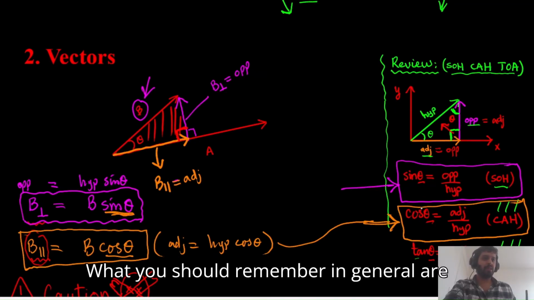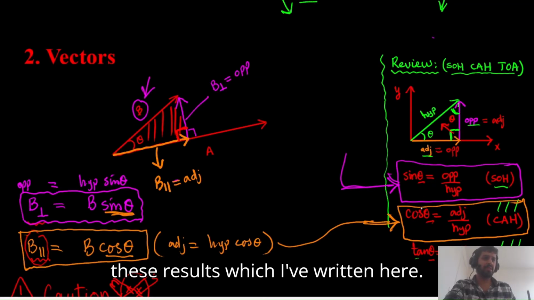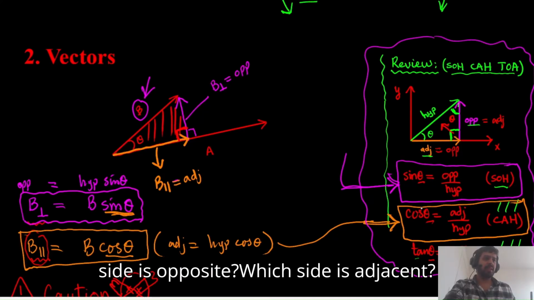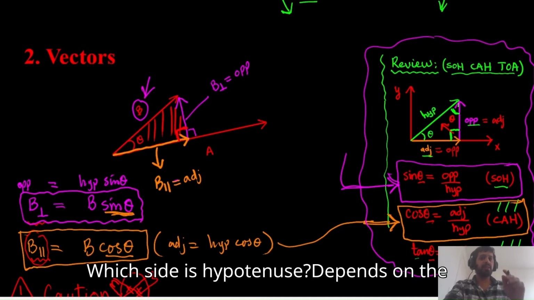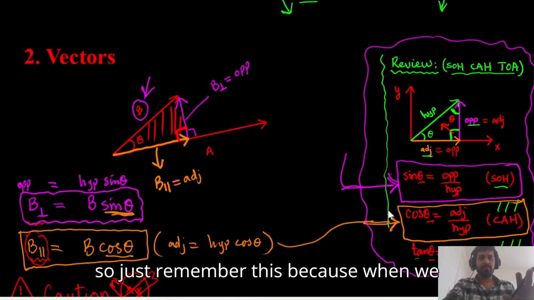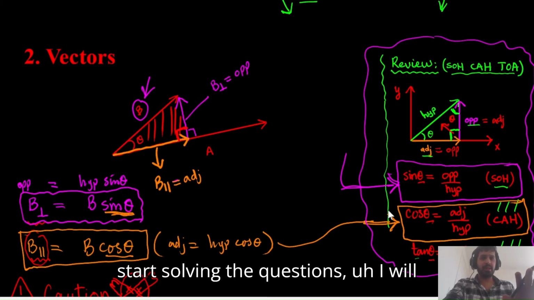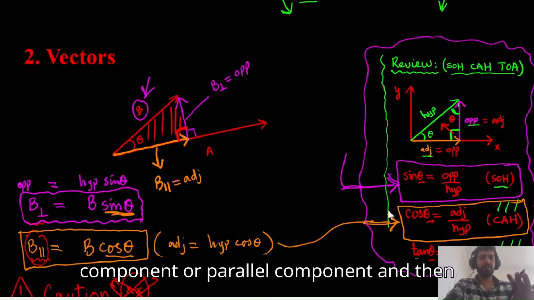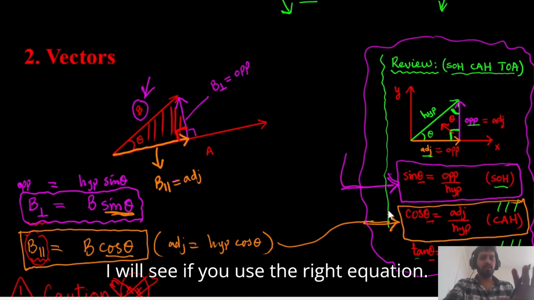What you should remember in general are these results, which I've written here. This is always true, but which side is opposite, which side is adjacent, which side is hypotenuse depends on the question. So just remember this, because when we start solving the questions, I will ask you to find the perpendicular component or parallel component, and then I will see if you use the right equation.